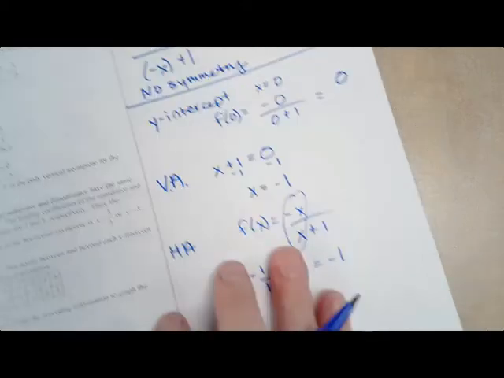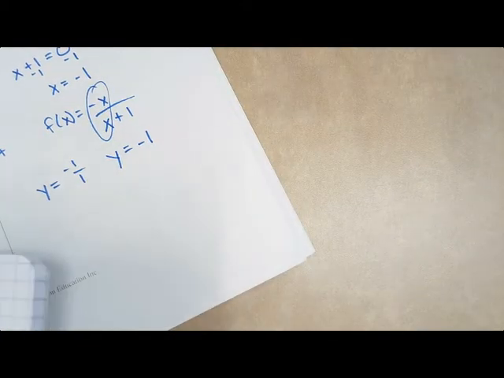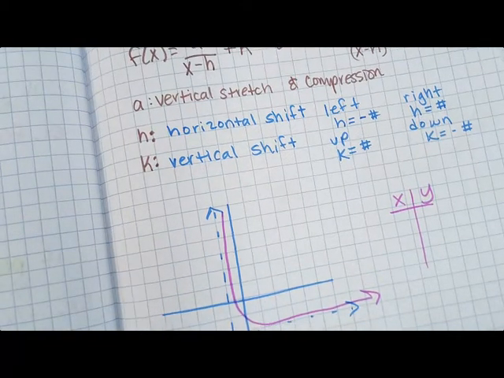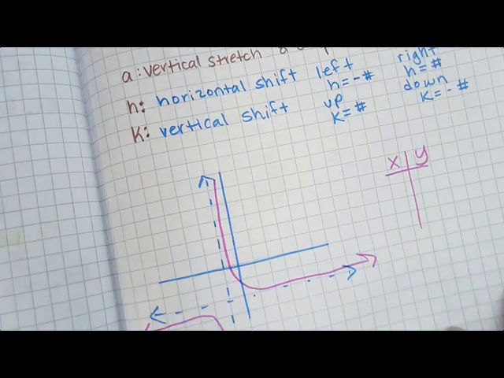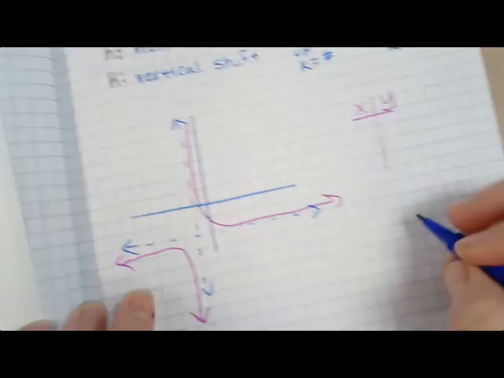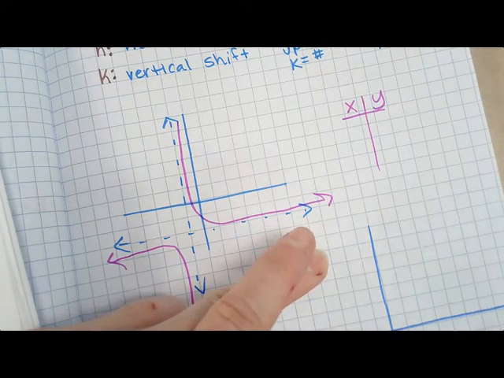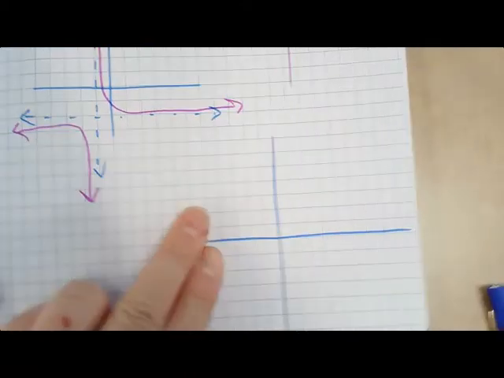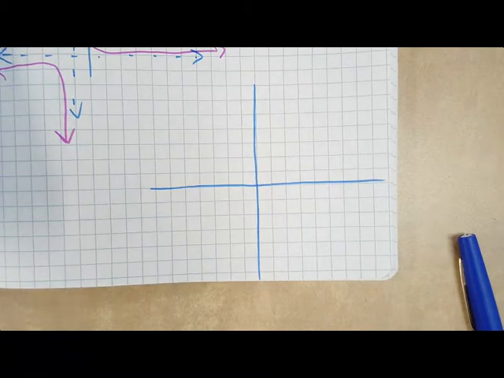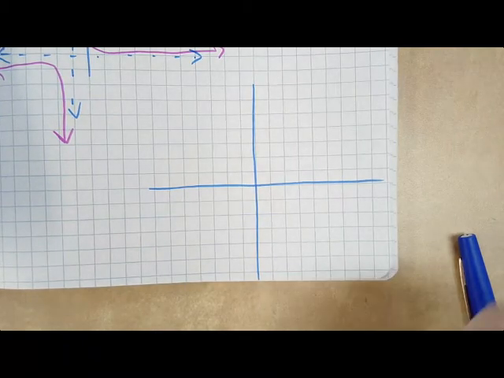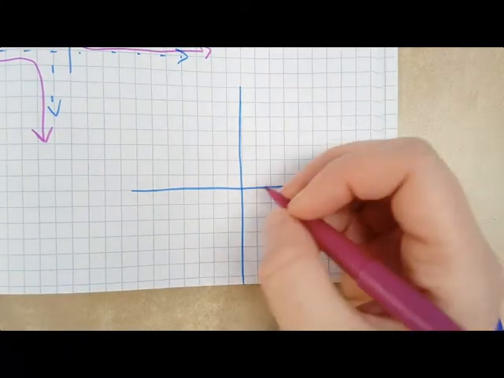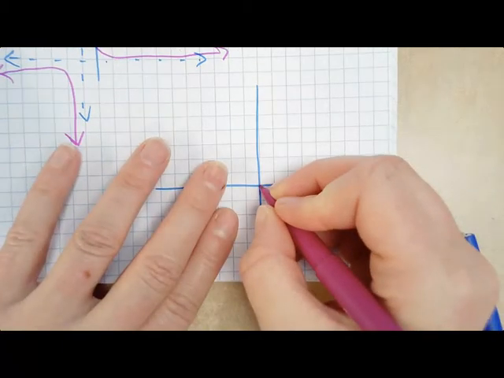So I'm going to go over to my composition book. Go here. Let's see, let's do our x and y axis. We have a y-intercept at 0, so that means the origin, 0, 0.